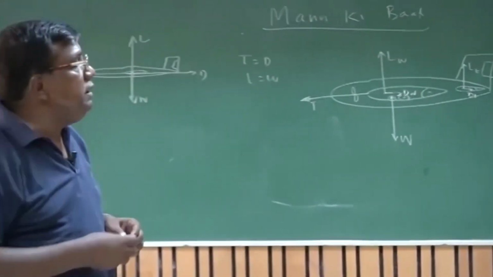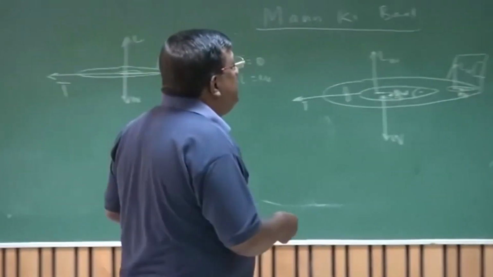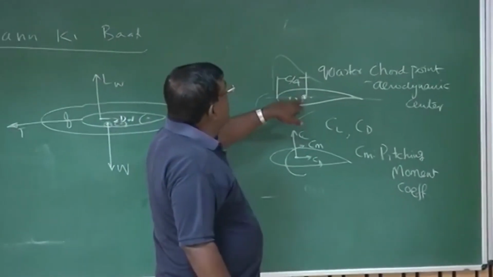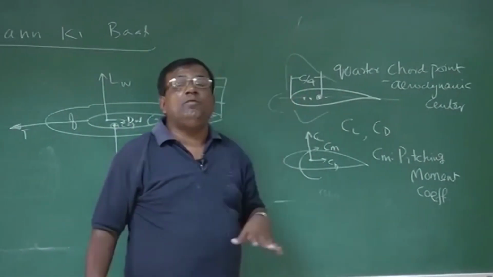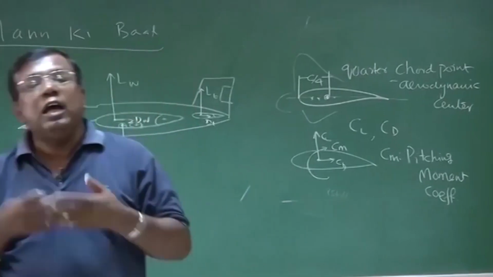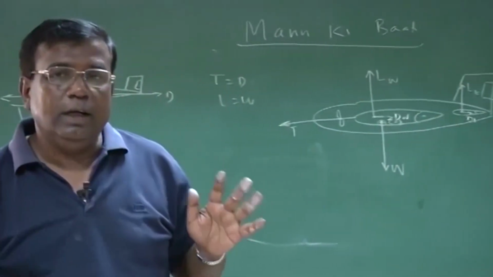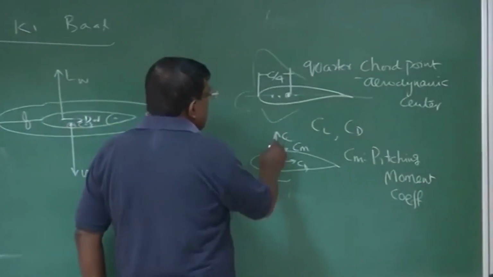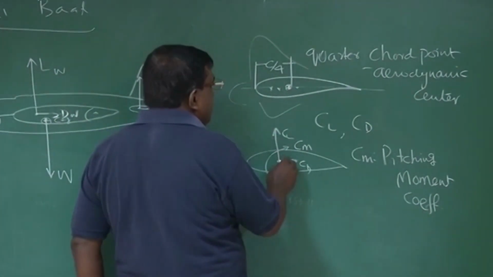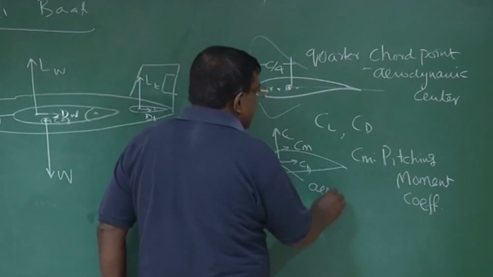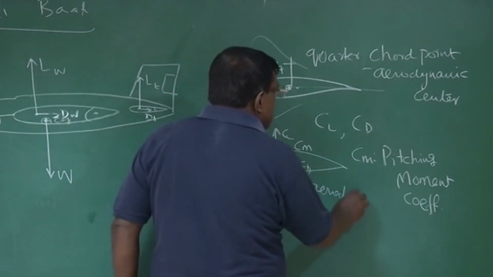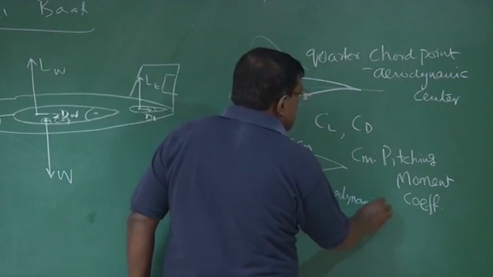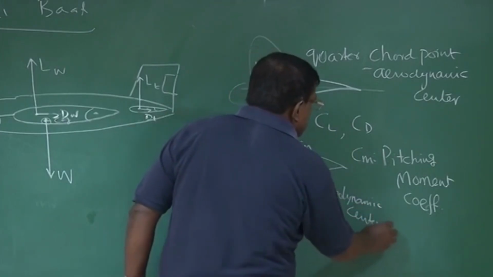What is this aerodynamic center? It so happens the pitching moment is independent of angle of attack at the aerodynamic center. Okay? So that is why we always represent CL, CD, CM, all these coefficients at the aerodynamic center. Okay?